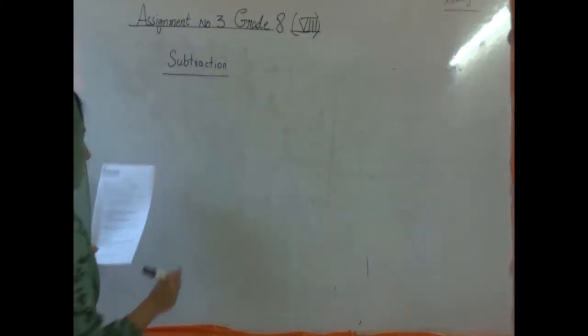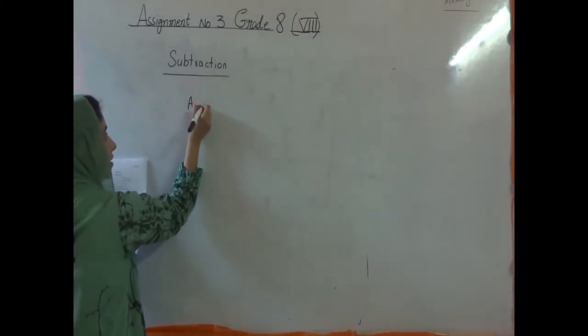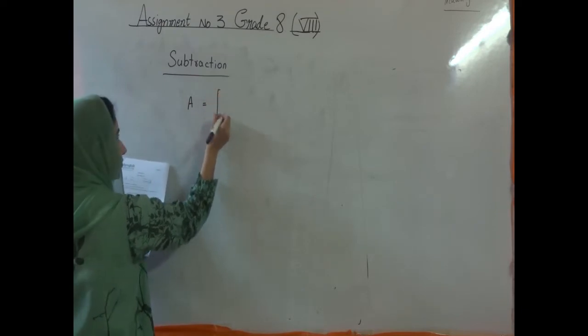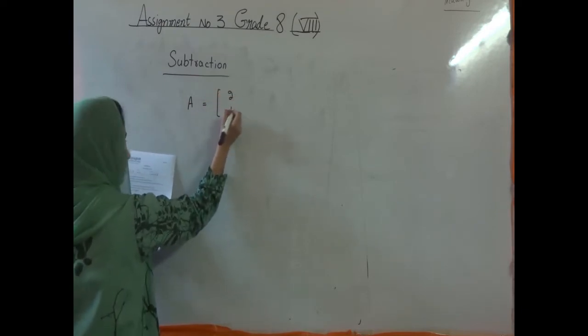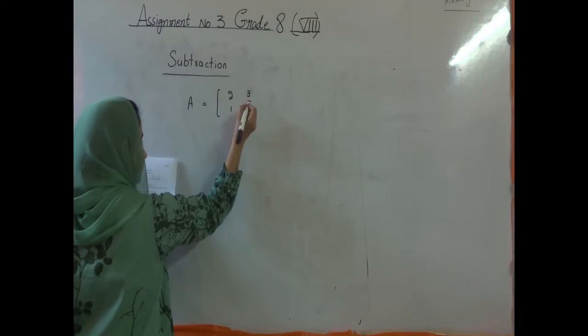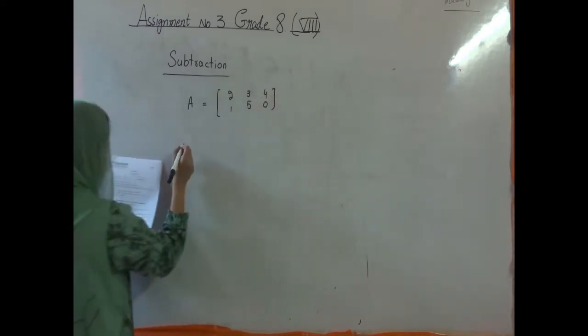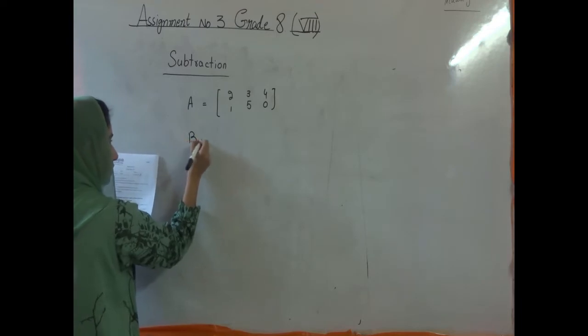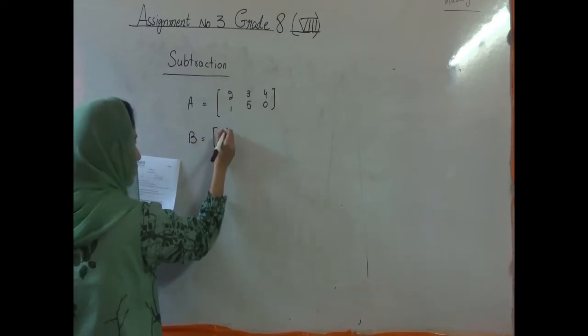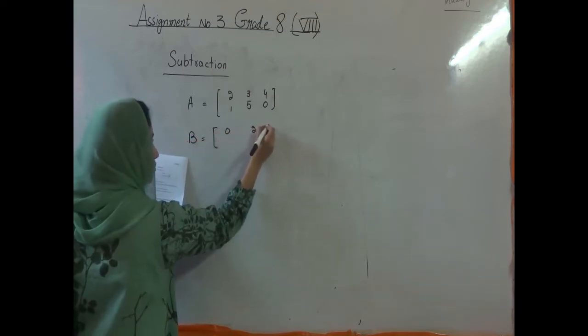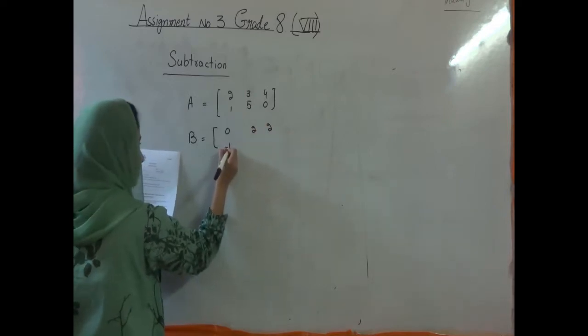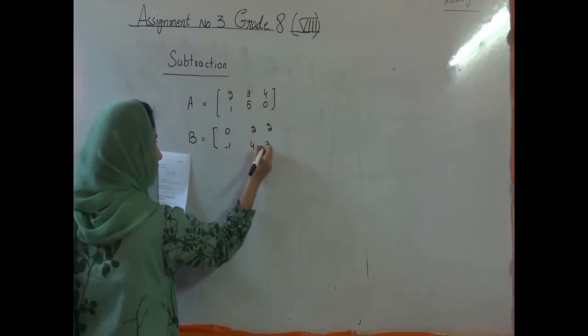Okay, let's suppose matrix A is 2, 1, 3, 5, 4, 0, and another matrix B is 0, 2, 2, minus 1, 4 and 3.